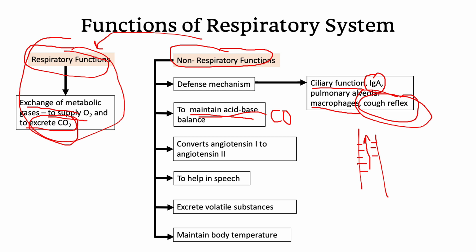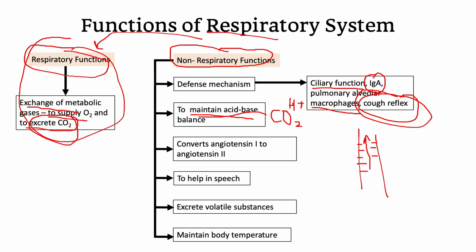Carbon dioxide is actually acidic because it can dissociate into hydrogen ion and also bicarbonate ion. Okay, so when there's a lot of carbon dioxide being excreted out, we are actually excreting acid out. That's how the lungs or the respiratory system helps in the maintenance of acid-base balance.